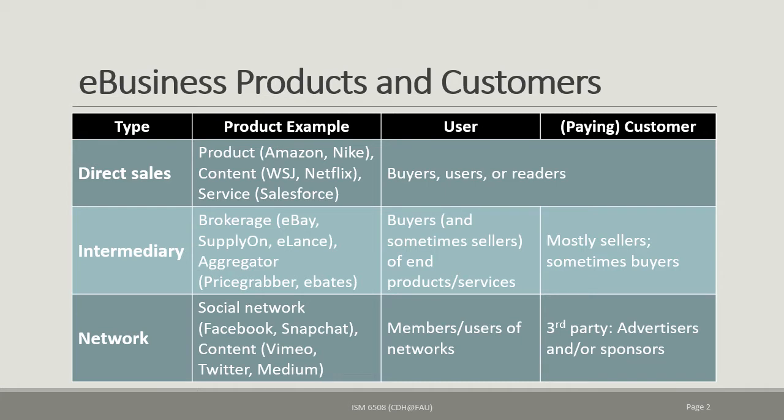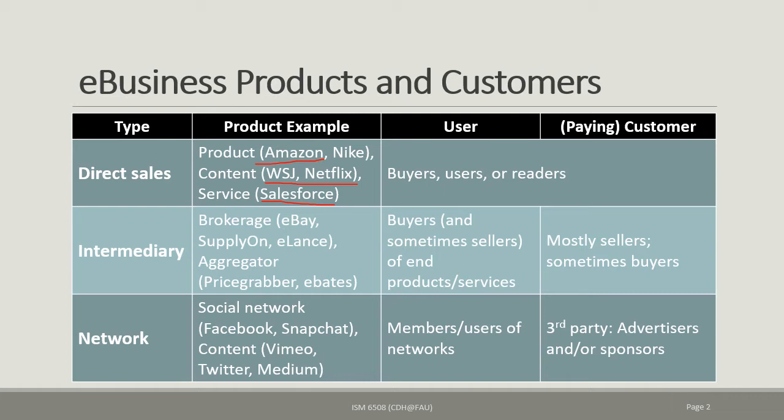So there are the Amazons of the world, Salesforce or Microsoft, or the Wall Street Journal, Netflix, New York Times of the world. They're actually selling their own product, service, or content. So in those cases, the people who are buying and using their products, service, or content are also those people who are actually paying for their business.